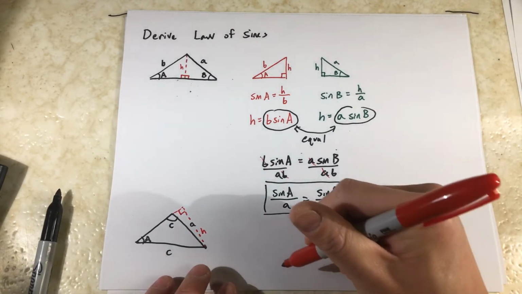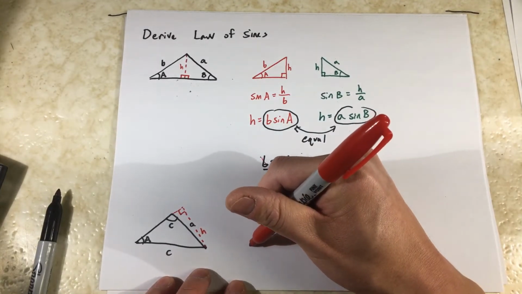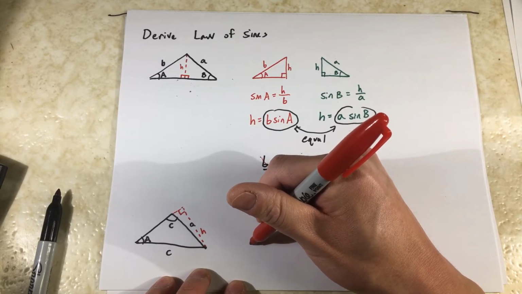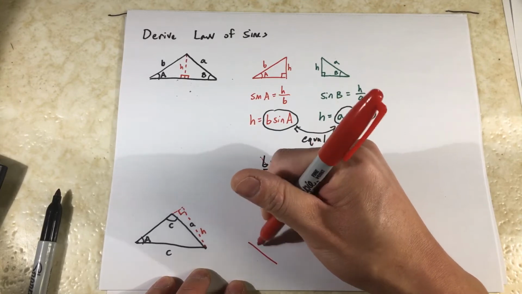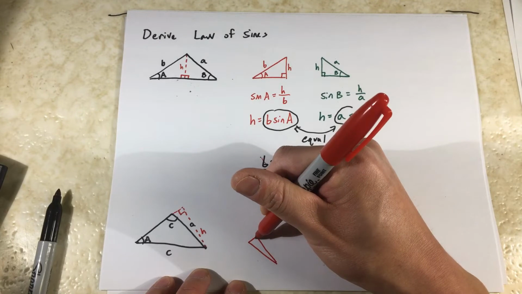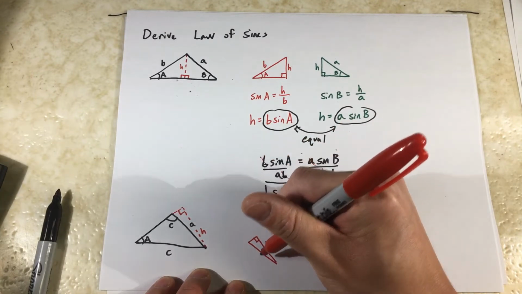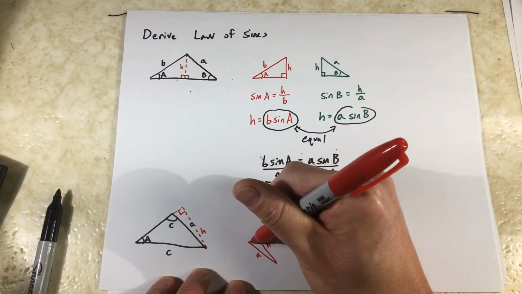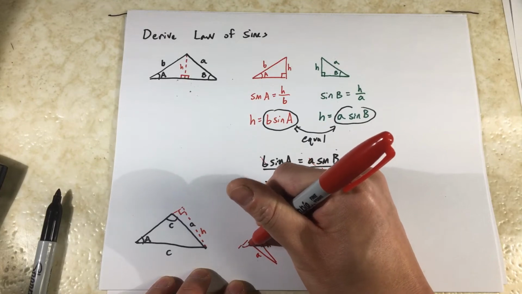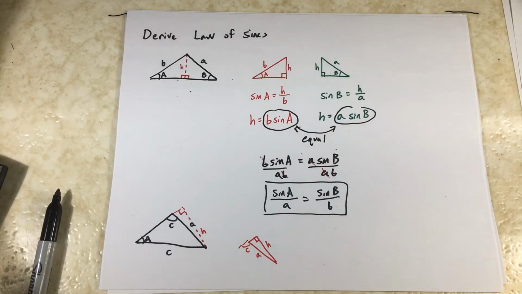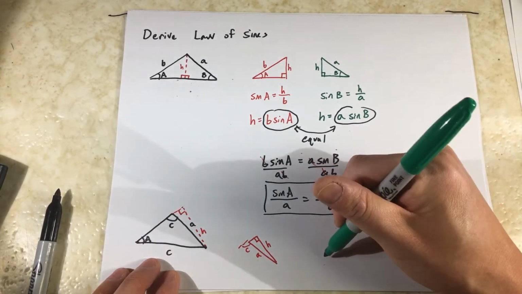So basically you would do the same exact thing, except you would have a triangle that looked like this, where this is H, this is side A, and then you'd have this outer angle C, and then you would have this other triangle.